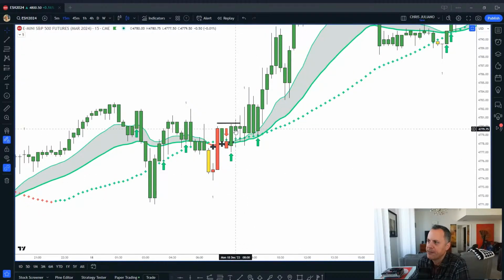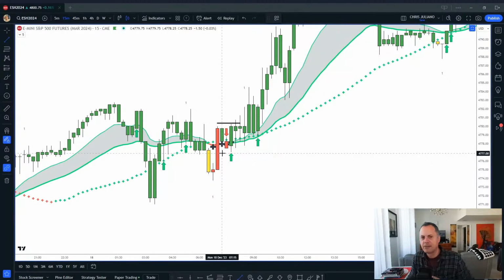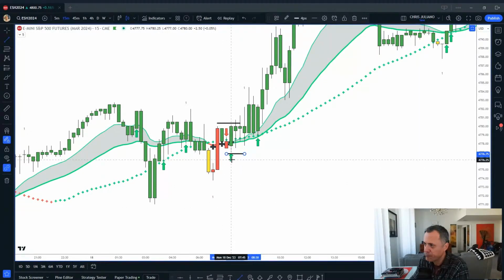You can see that this candle gets you into the trade. Now, it's easy to see where we put the stop loss: you would put your stop loss right underneath the candle that formed the entry signal.